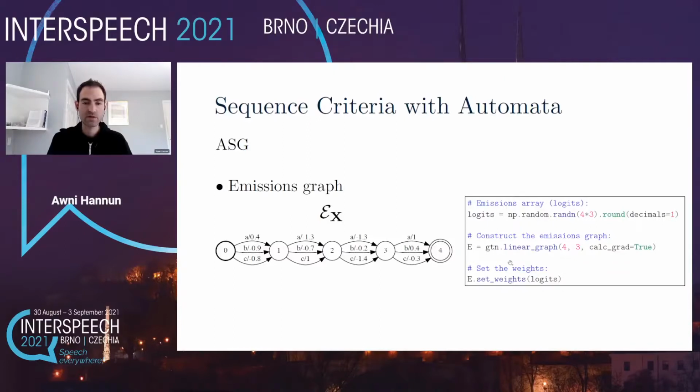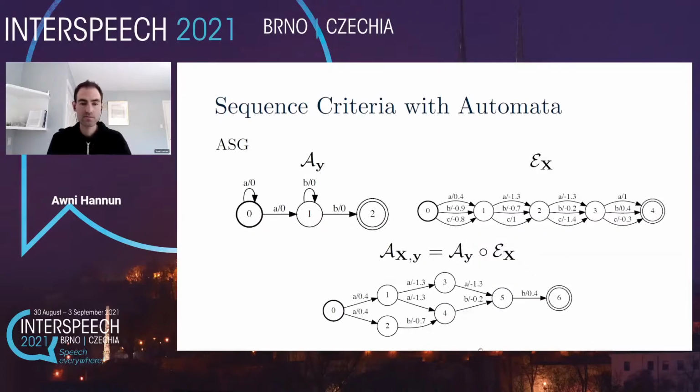The linear graph construct here is part of GTN because it's something that comes up over and over again. So it has this helper function to make a graph which looks like this. Now, if I want to represent the set of allowed alignments of AB to an input of length 4, the way that I do that is by taking the intersection of the target alignment graph A sub y with the emissions graph.